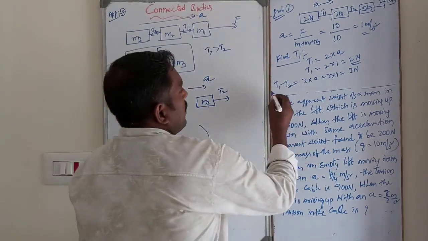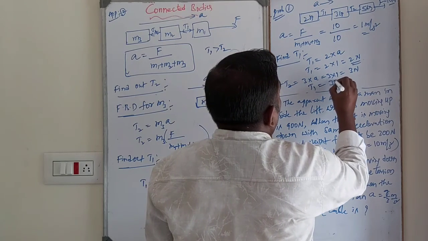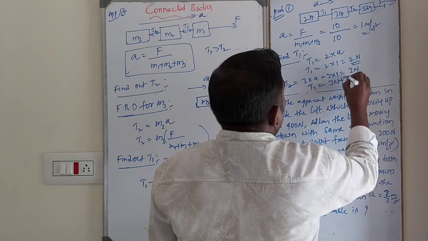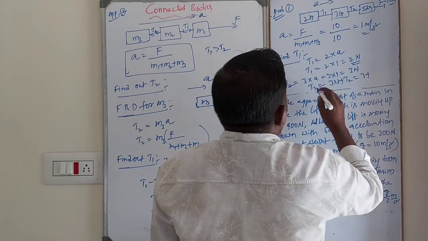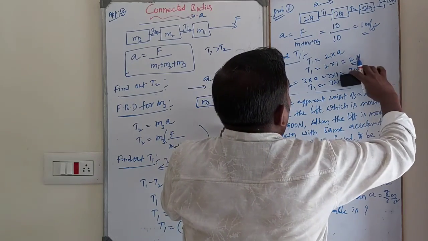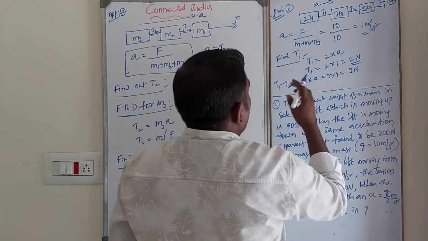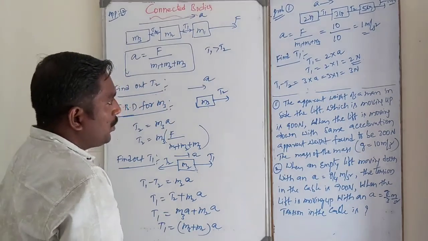So finally T1 is equal to what? T1 is equal to 3 Newton plus T2. This is T1 minus T2. So first of all we calculate T2.